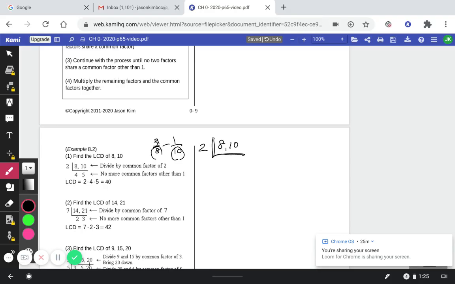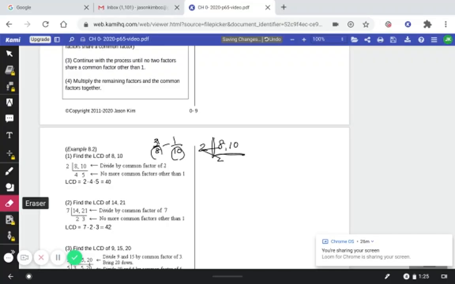So 8 divided by 2 is 4. So I'm going to write a 4 here. It takes some time. Okay. 8 divided by 2 is 4. And 10 divided by 2 is 5.